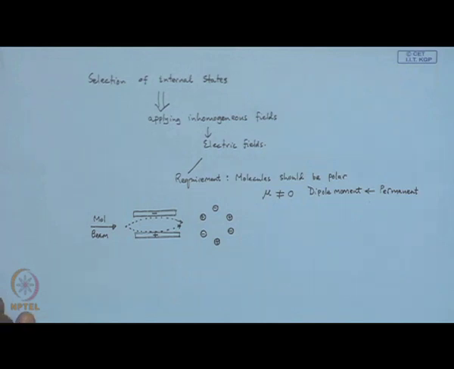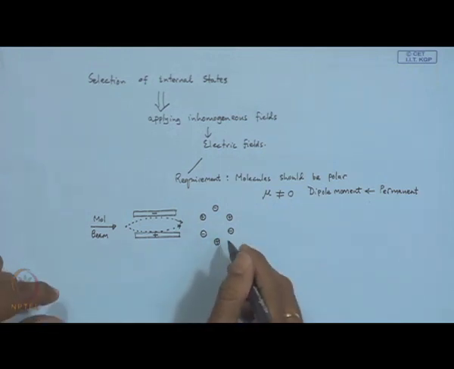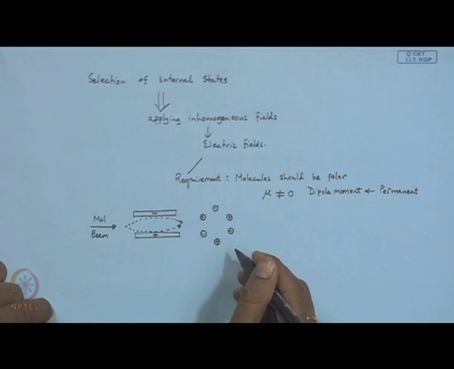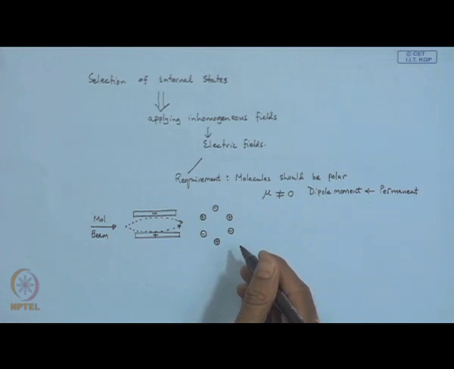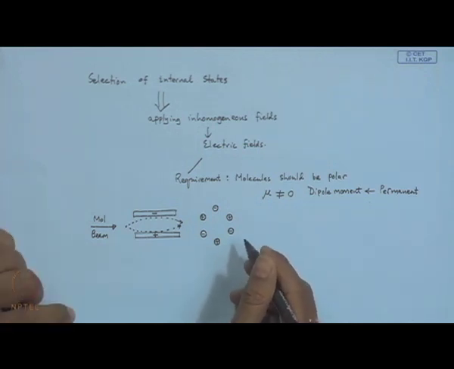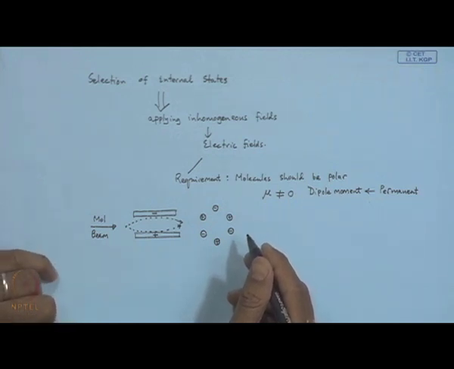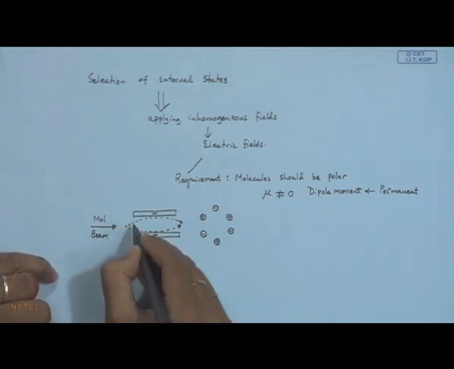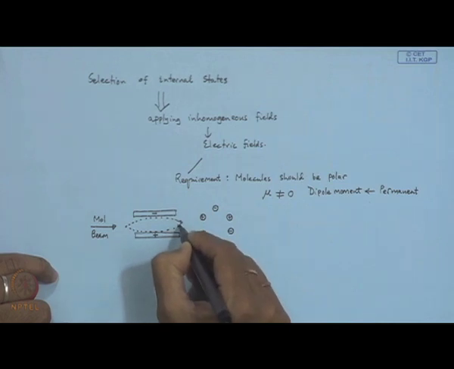And depending on the internal state of the molecules, internal state meaning different J states, that is rotational states, you can select. What you have to do is focus somewhere over here.